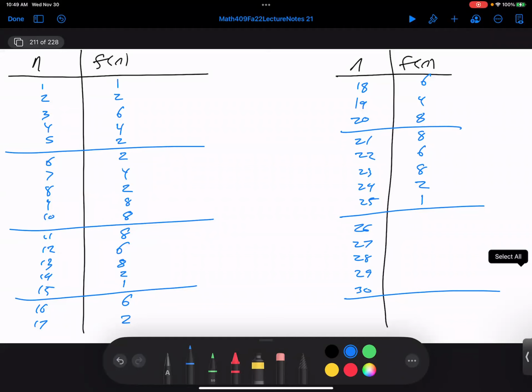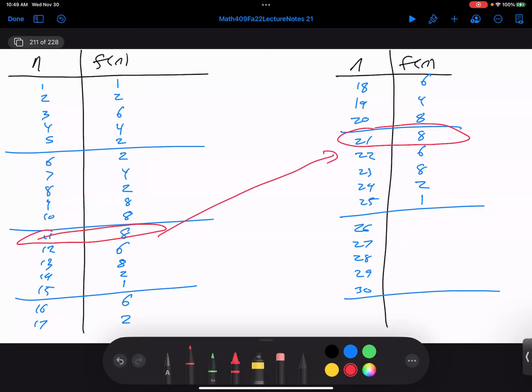Where do we say the repeat starts? 11 with the 8, and then the 21. Are those what we're going to say is the same for the repeating? So all that really matters is what your number is mod 10.